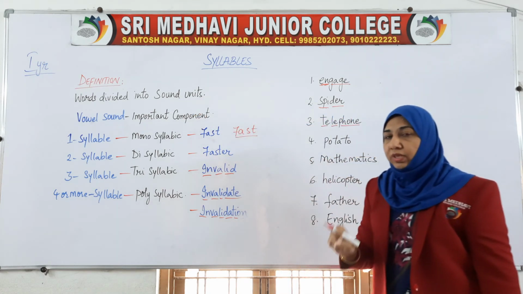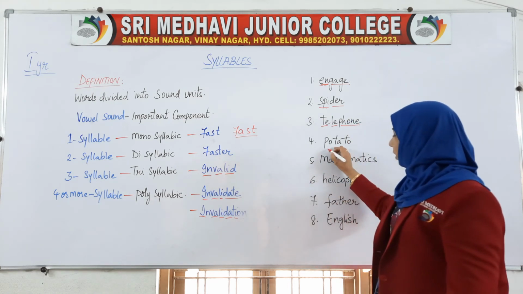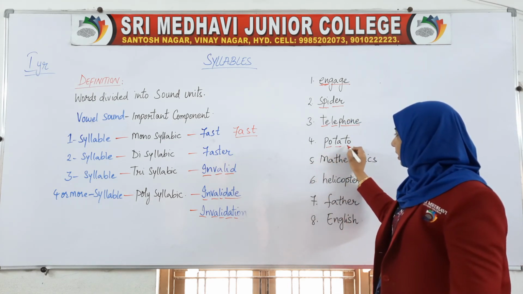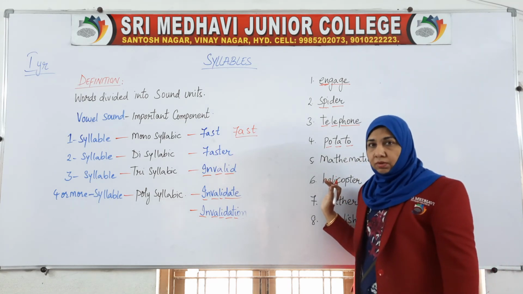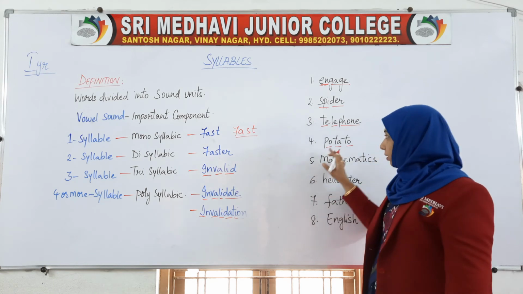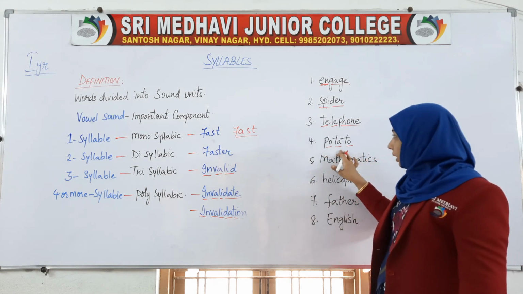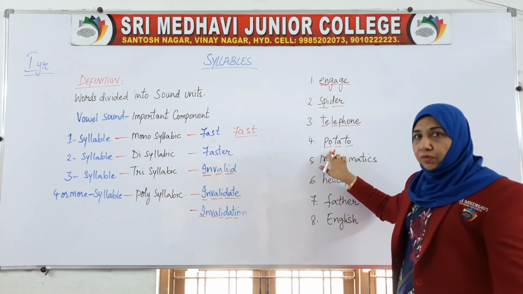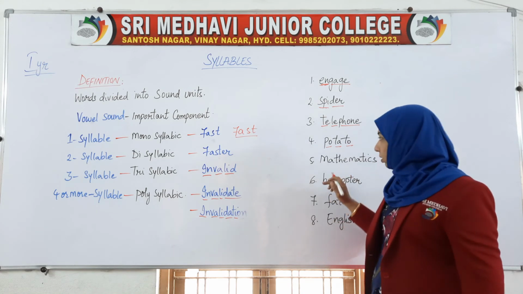It is supposed to give you a sound, then only it is called a syllable. Now next is potato. If you want, you can divide it and get that idea. Potato. Don't count the vowels, only concentrate on the sounds.